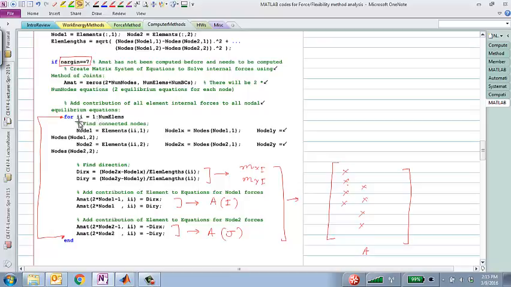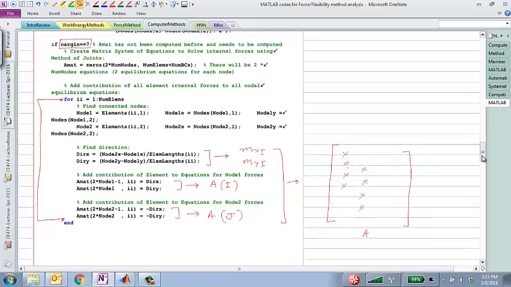This is for each of those 7 elements, create that A matrix. That's what's going on here. This is something we had talked about for the determinate trusses also.